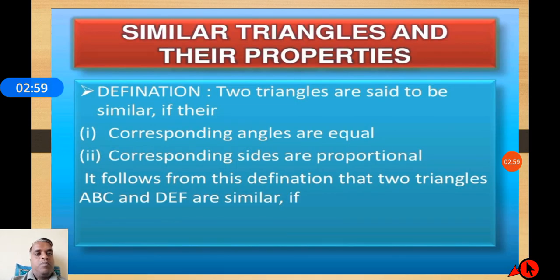Based on the polygons, we have to prove that two similar triangles have common properties. What is the definition? Two triangles are said to be similar if their corresponding angles are equal and corresponding sides are proportional. Means all the angles of the triangles are equal, all the sides are proportional. For example, two triangles ABC and DEF.